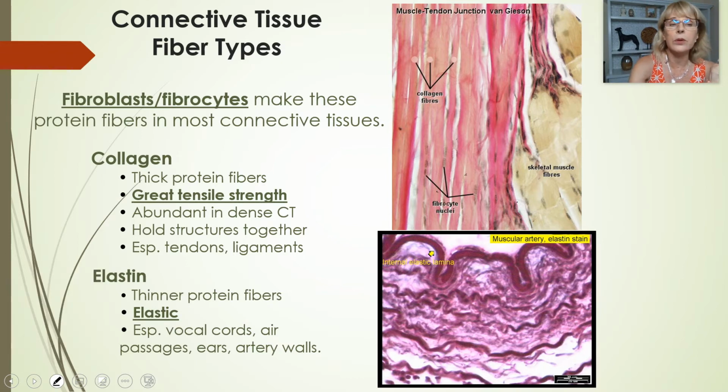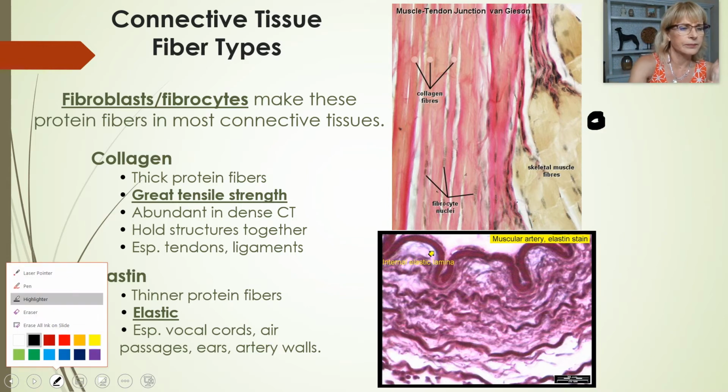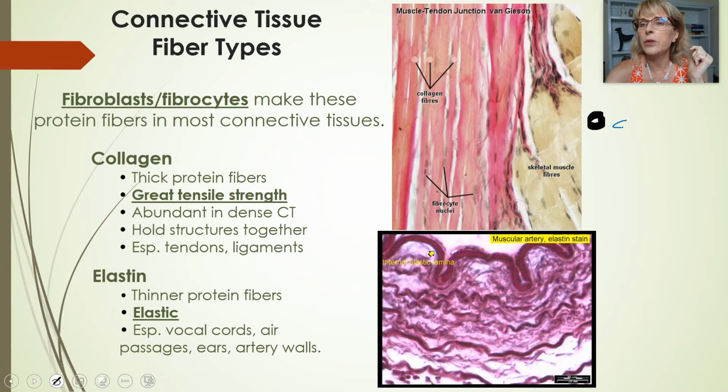For example, in bone, the cells are called osteocytes. Those are the cells in bone. In cartilage, they are called chondrocytes.